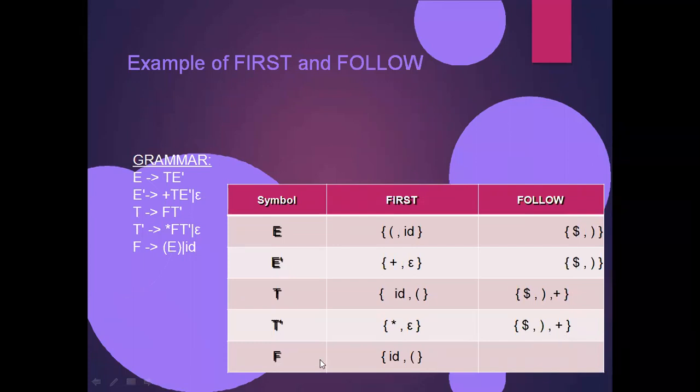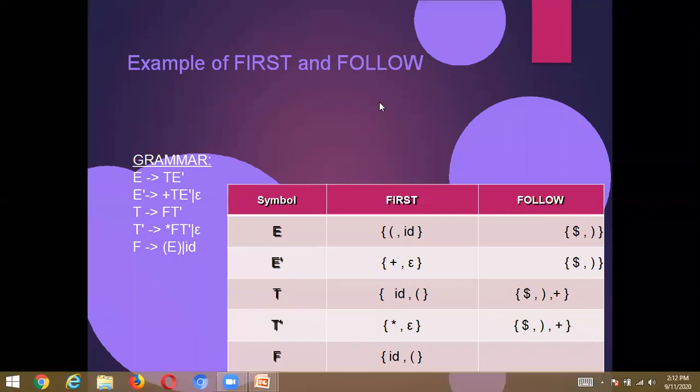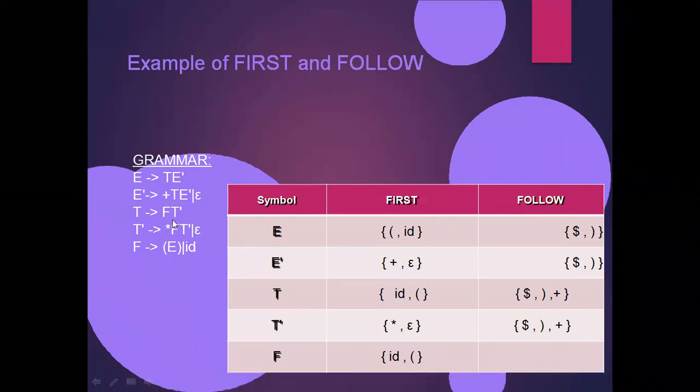And finally, the last variable, F, we are constructing. Here we have F and F, and we make this F as B and this F as B. What is beta here in both the conditions? Beta is T dash. Now what is first of beta? Star, comma, epsilon. So we only take epsilon. We are taking a star union.